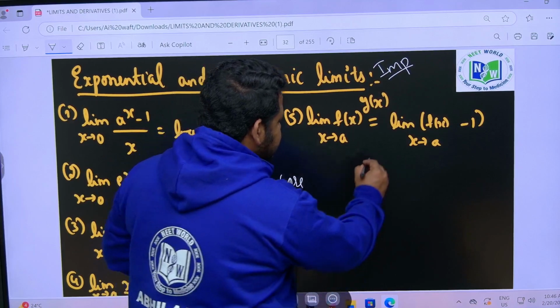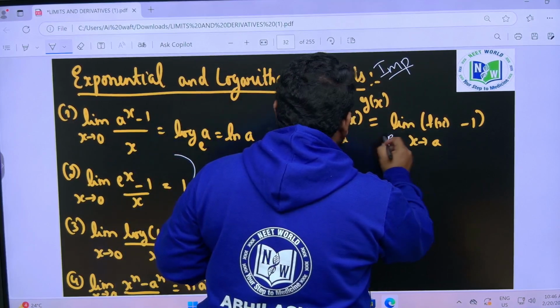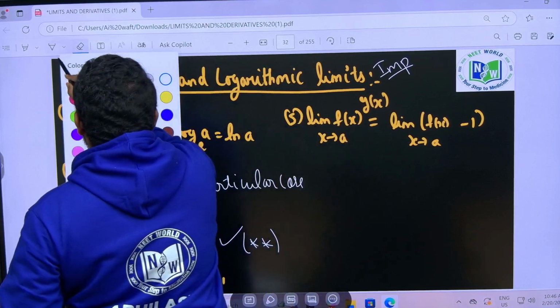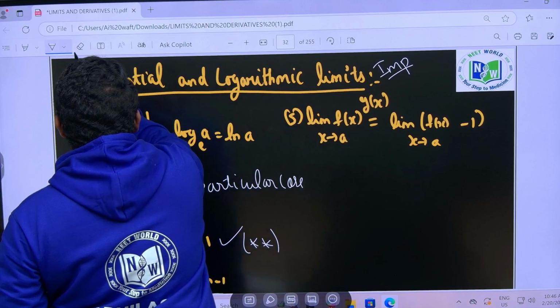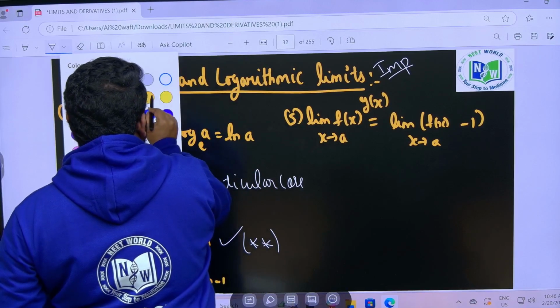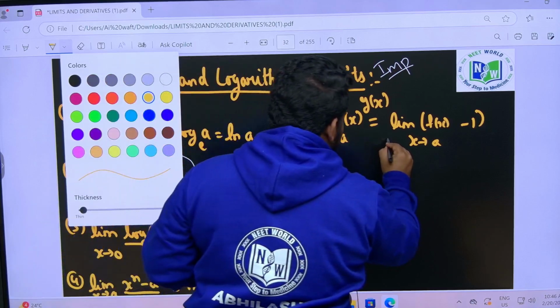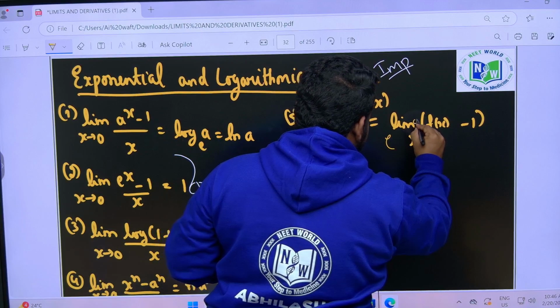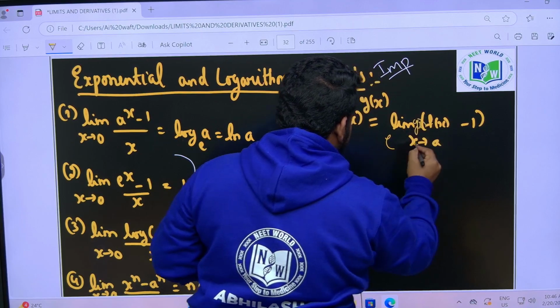Actually, this should be e power, let me write in another color. This should be e power, this one, and here it should be g of x. Let me write it again.